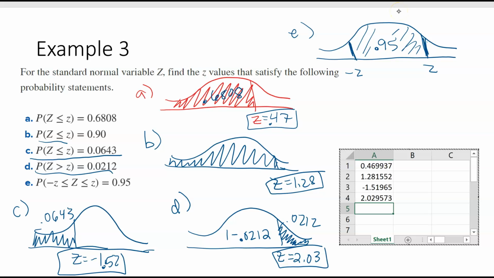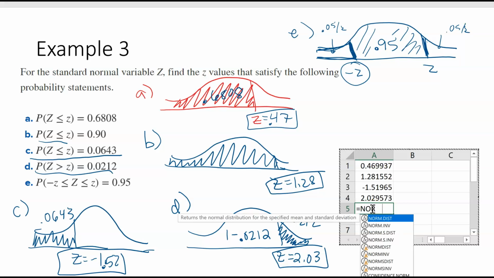So let's find out what this negative z-score is, and then we can figure out the other one. What's this tail? Remember 0.95, that means it's 0.05 left over, divided by 2 is left there and there. So we're going to type that in, and that is going to give us this z-score.